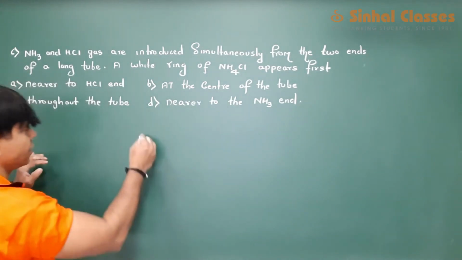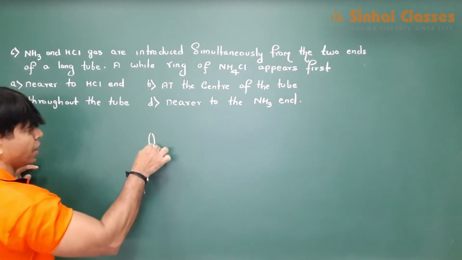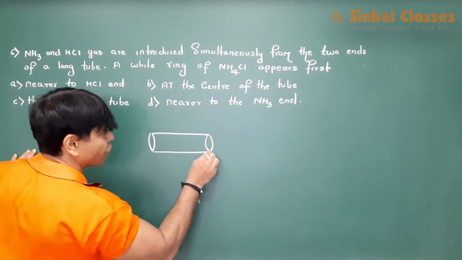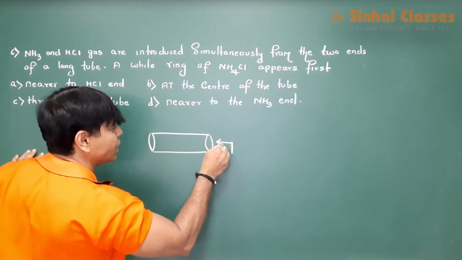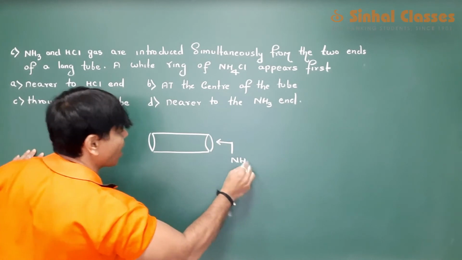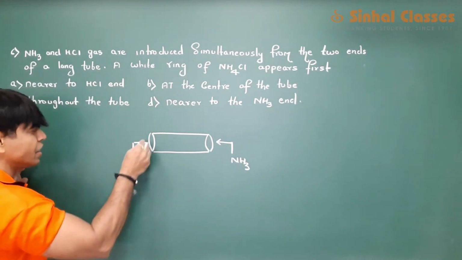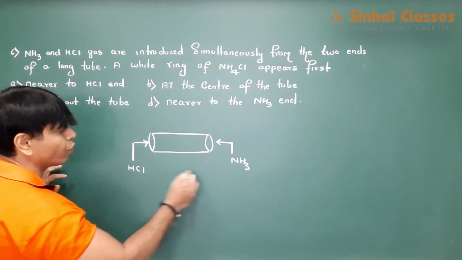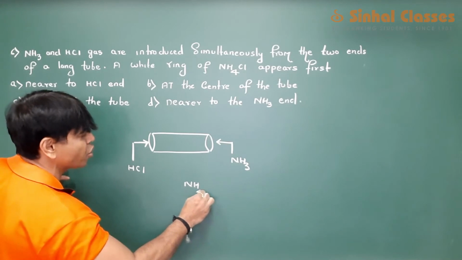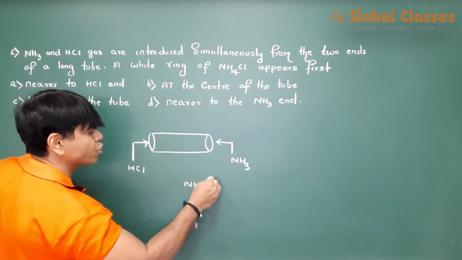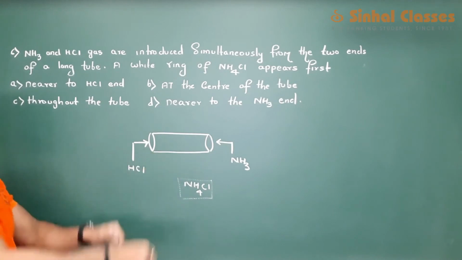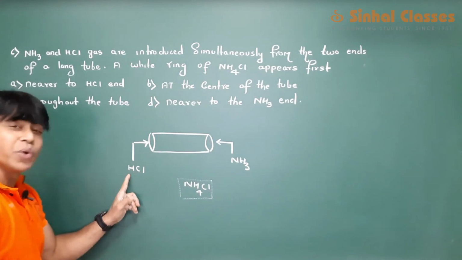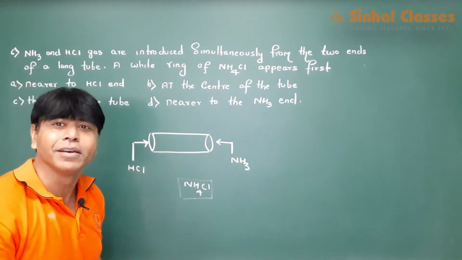So they are saying there is a long tube, and from one end you are introducing ammonia and from the other end you are introducing HCl gas, and we all know when they are going to mix they will turn into ammonium chloride. That's what they want to know. Where is this ammonium chloride formed? Is it closer to ammonia or is it closer to HCl or is it going to be in the middle?